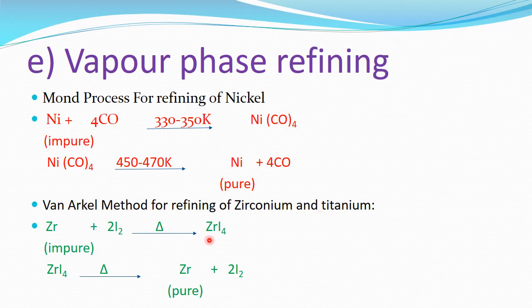In this method, zirconium is treated with iodine and heated to form zirconium tetraiodide, and zirconium tetraiodide on further heating changes to zirconium and I2, and here the zirconium formed is pure, and all the volatile impurities and iodine are removed after heating. So these two processes are used for purification of nickel, zirconium and titanium metals.